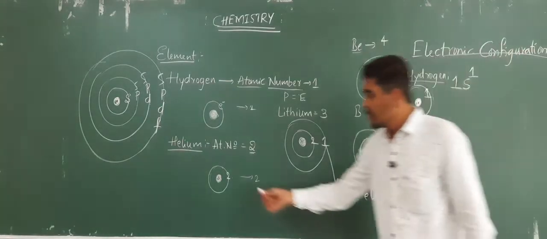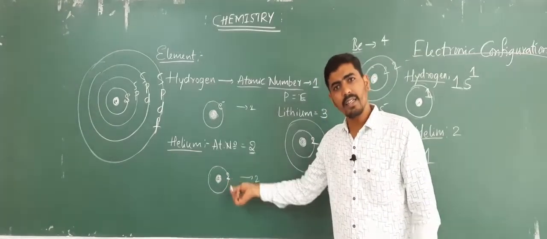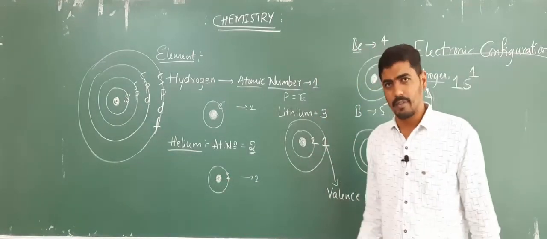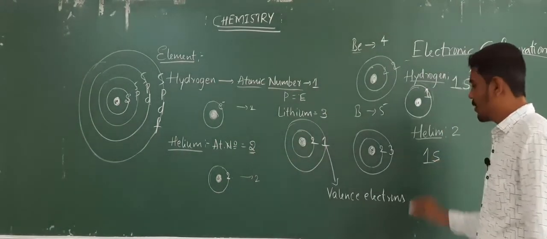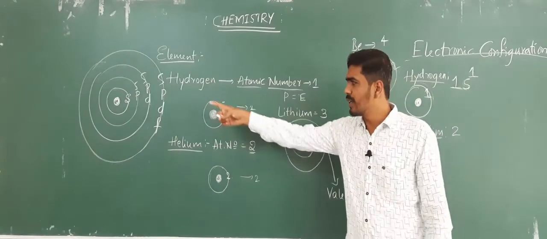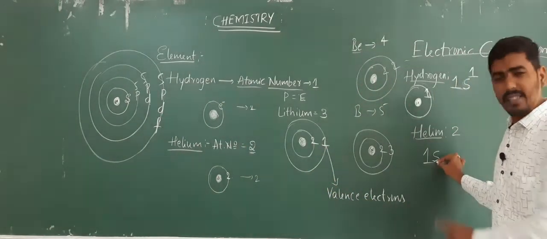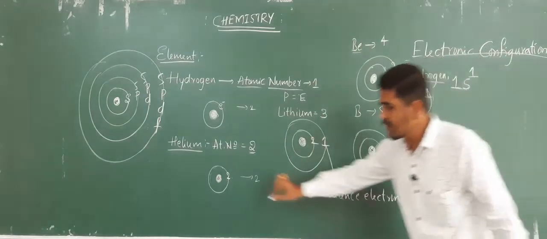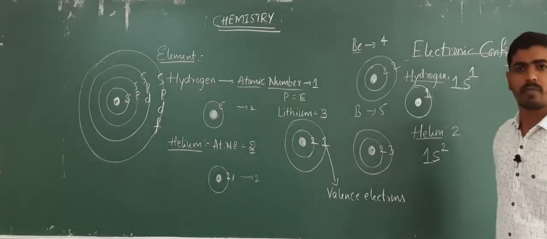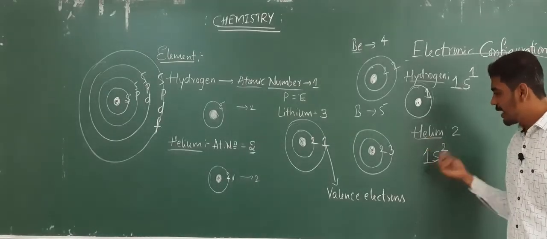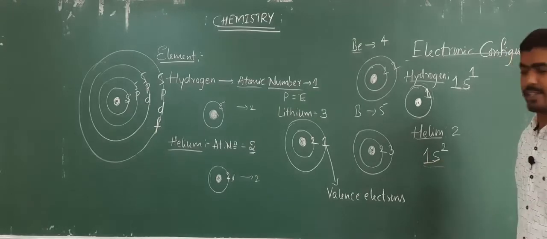Then 2 electrons are there, and those 2 electrons are present in S subshell only, and hence I will write it as S, because in the first shell only S subshell is there. In S subshell, how many electrons are there? There is a presence of 2 electrons, and hence the electronic configuration of helium will become 1s2.